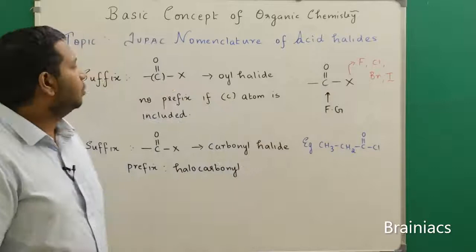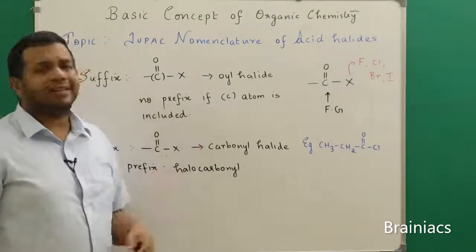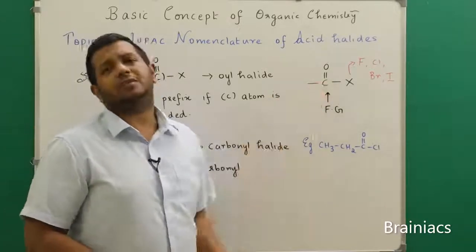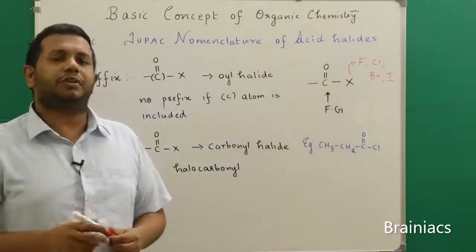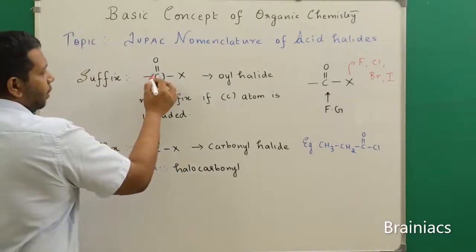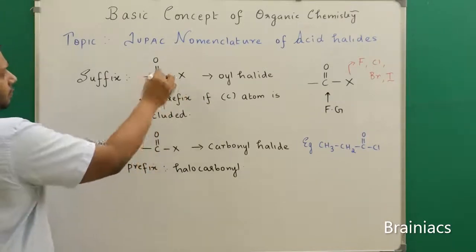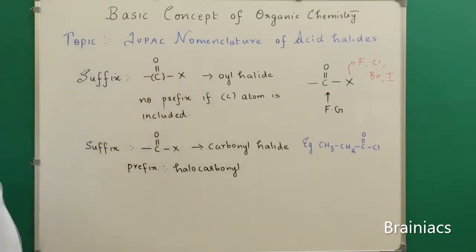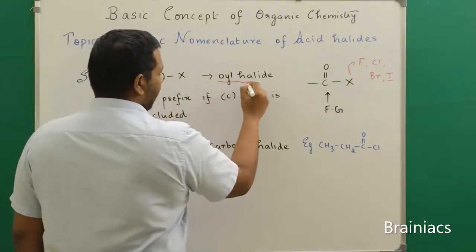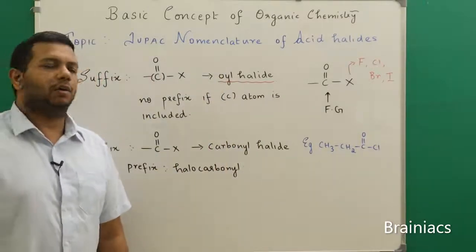Now the important thing. In this acid halide there is a carbonyl group and this carbon atom, so it's a carbon-containing functional group, correct? In this case there are 2 possibilities. If carbon is part of the parent chain, that's why it is shown in brackets, and it is included in the parent chain, we use the suffix oyl halide, O-Y-L.